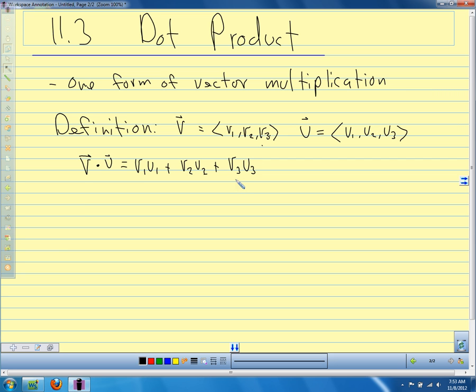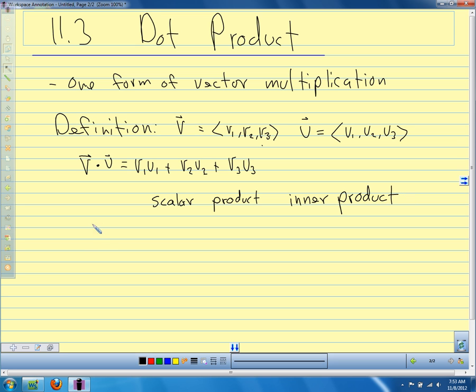The other ways you'll hear the dot product referred to: it's also called the scalar product, or the inner product. Both of those are just other ways of referring to the dot product. The inner product, I think, is a little older term.